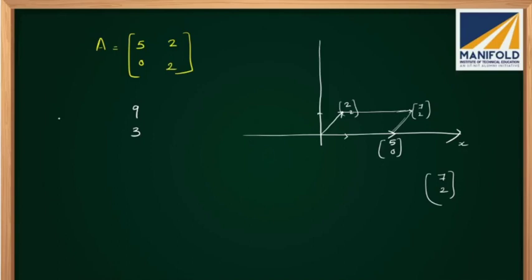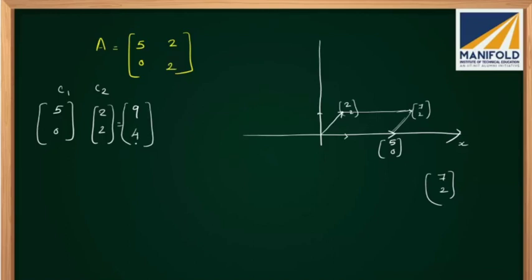So 5, 0 is one column and another column is 2, 2. C1 and C2. Suppose, for easier understanding, I take the point 9, 4.